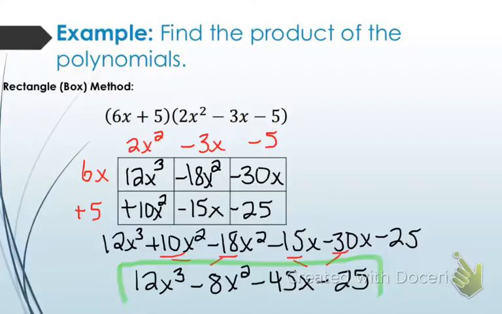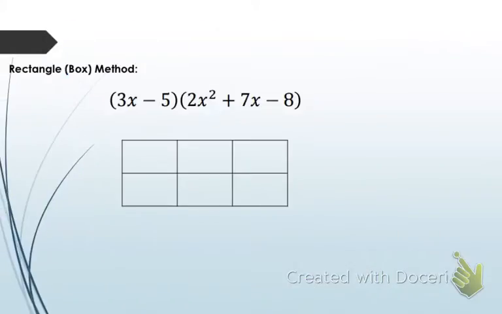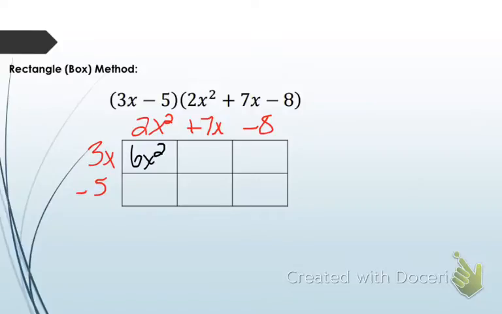Okay. Let's try another one. So again, we have a binomial times a trinomial. So the box method works really nice. We're going to find the area. So I'm going to be filling these in. This times that, positive 21x squared.